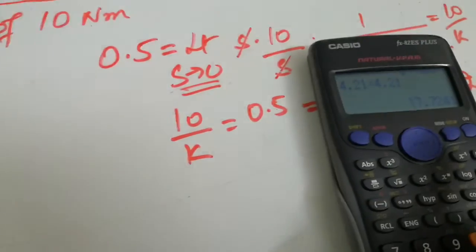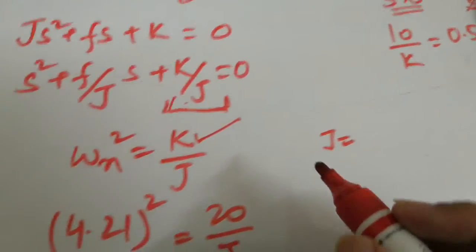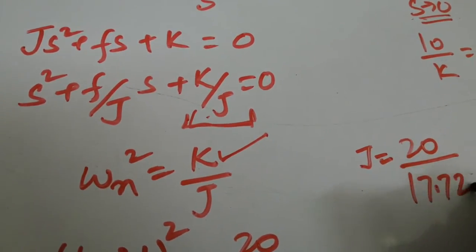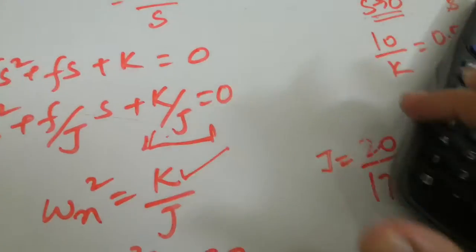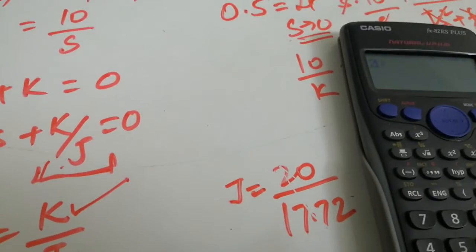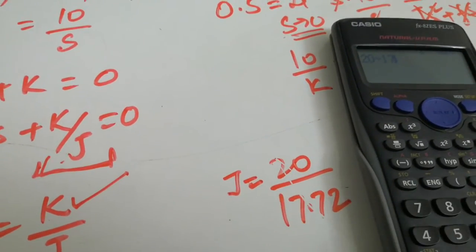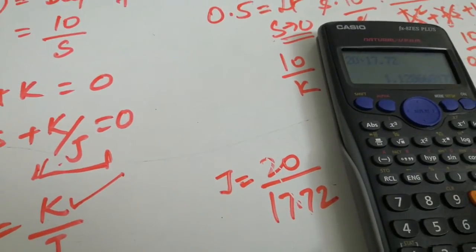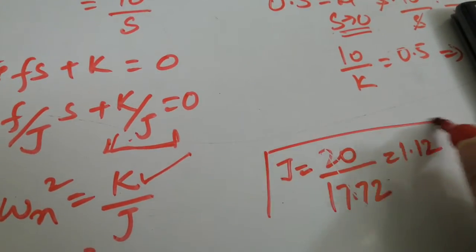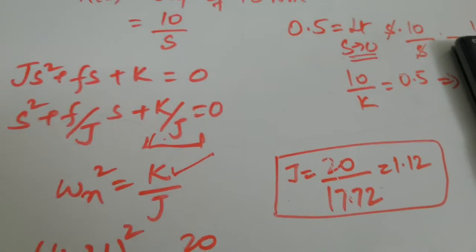So 4.21 into 4.21 comes out to be 17.72. So this gives me 20 divided by 17.72, which gives me 1.12. So my next value is J, that is 1.12.